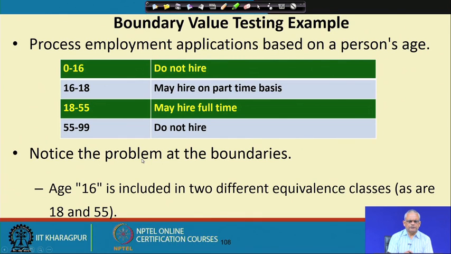But then we must realize that this description of the function itself is a bit problematic, because is 16 considered as do not hire or is it may hire on part time basis. Similarly, if it is exactly 18, what should be the output? Similarly, 55.